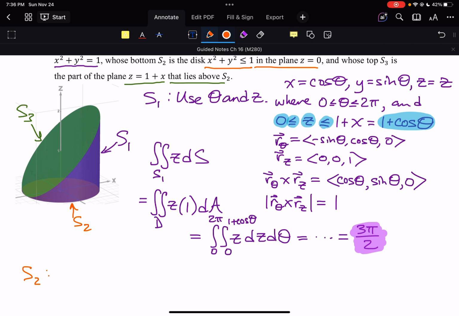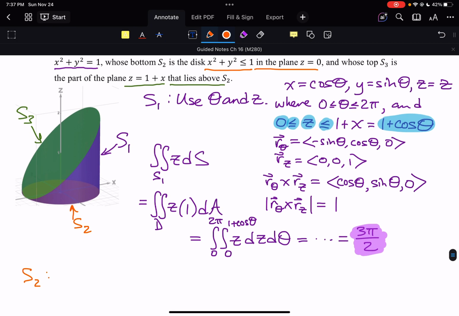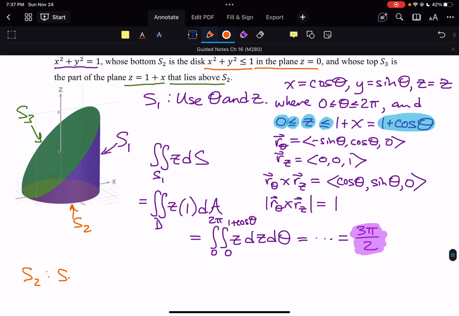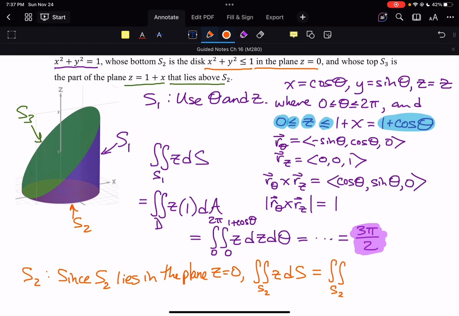So notice, we're in a circular disk in the plane z equals 0. So we're thinking about maybe using polar coordinates, parameterizing in that way. But an interesting thing happens here because of the integrand and where this plane is. So we can say, since S2 lies in the plane z equals 0, the surface integral over S2 of z dS, as long as we are in S2, this value of z will always be 0.